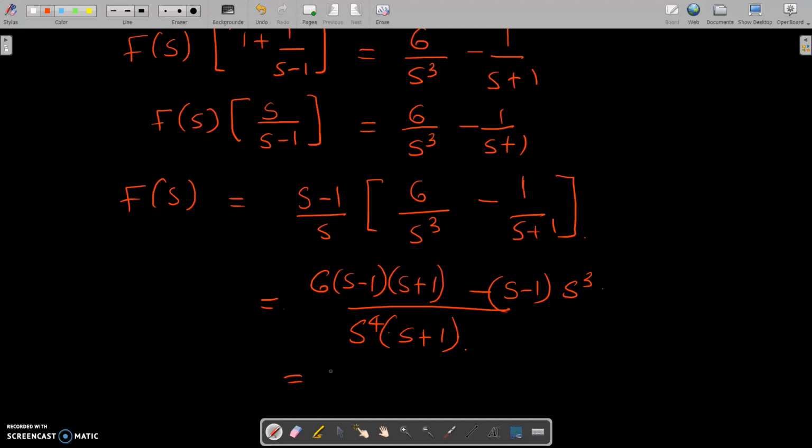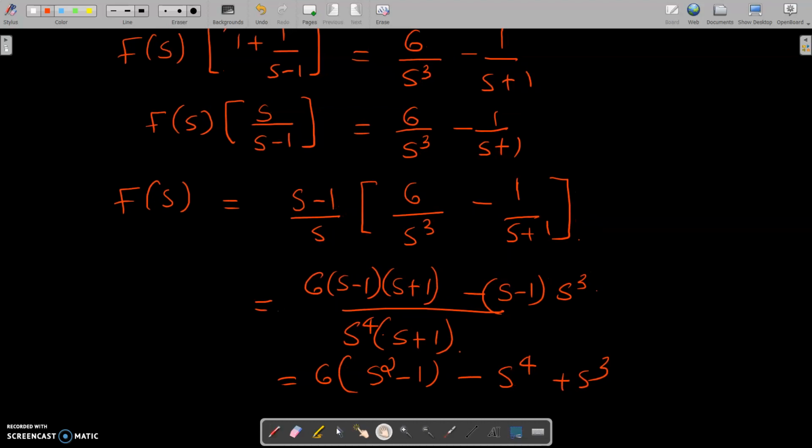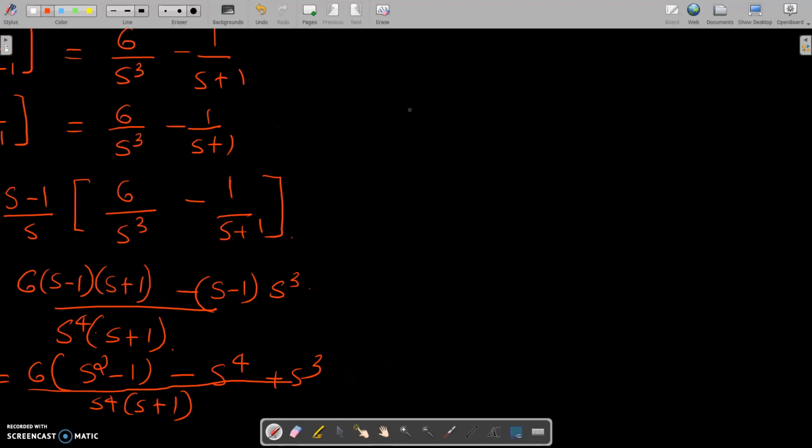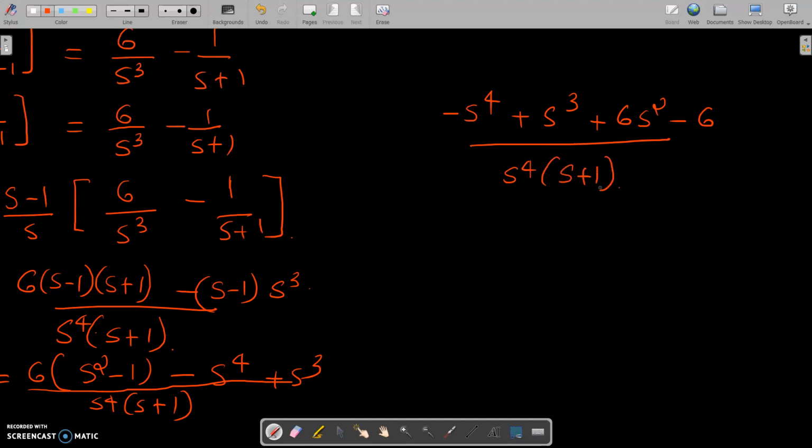So ഇതൊന്ന് simplify ചെയ്തെടുത്തു കഴിഞ്ഞാൽ 6 into s square minus 1 minus s raised to 4 plus s cube divided by, എന്തുകൂടി വരും, divided by s raised to 4 into s plus 1. ഇതിനെ ഏത് രീതിയിലേക്ക് മാറ്റാം, that is equal to minus s raised to 4 plus s cube plus 6s square minus 6 divided by s raised to 4 into s plus 1.